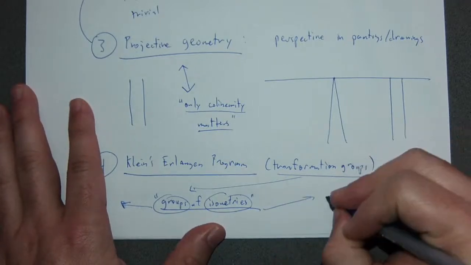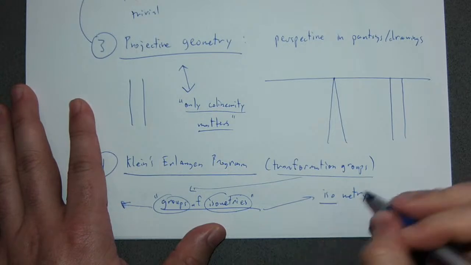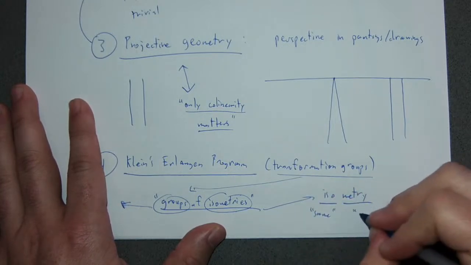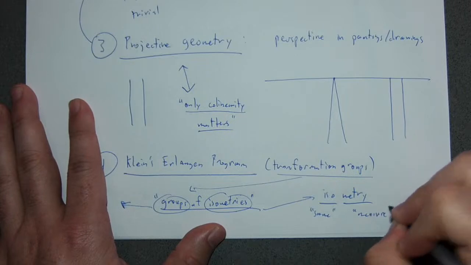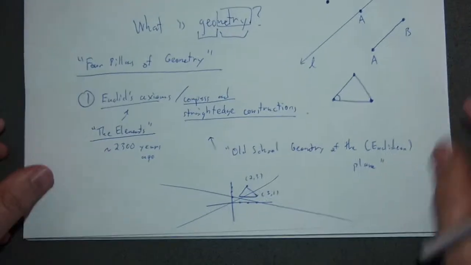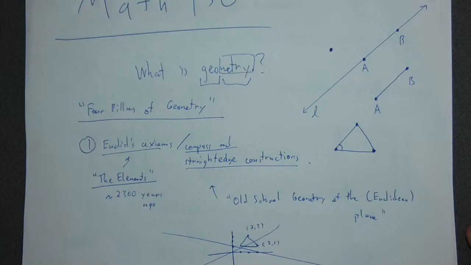So isometry, I'm going to write it again here. Well, iso means same, and metry means measure, or distance or length. Okay, so isometry literally means same measure. What is an isometry? So Euclid called these rigid motions of the plane.